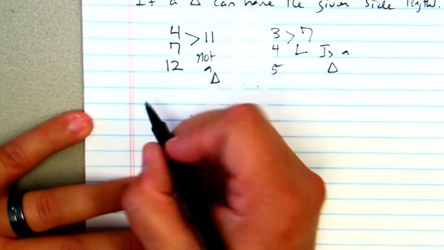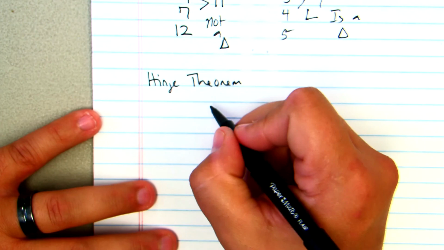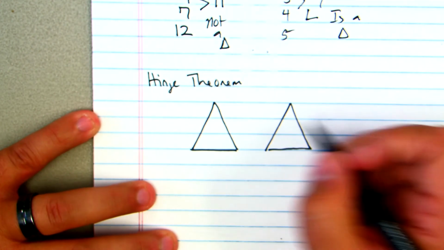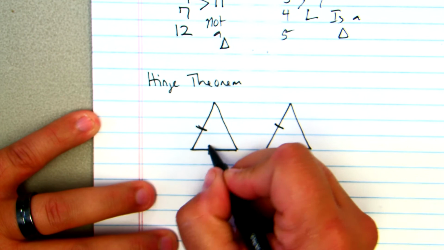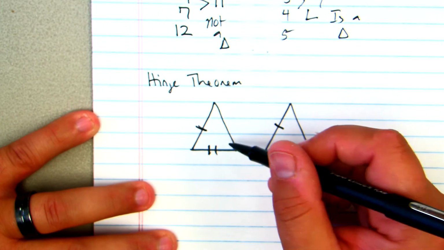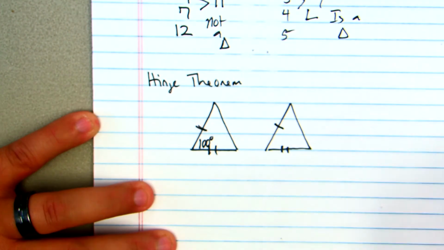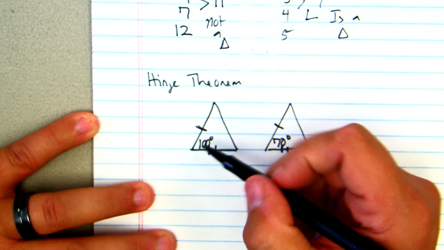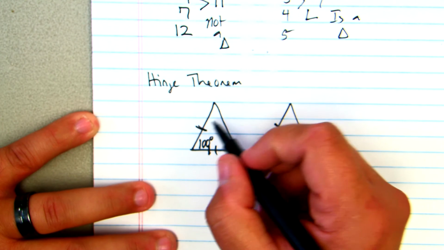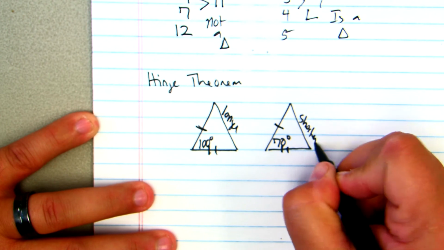Also understand what the Hinge Theorem is. The Hinge Theorem states that if I have two triangles and they have two corresponding sides that are congruent, and the included angle for this triangle is, let's say, 100 degrees, and the included angle of this triangle is 70, so this included angle is larger than this included angle, therefore the side opposite, or the third side of this triangle, is going to be longer than the third side of this triangle.